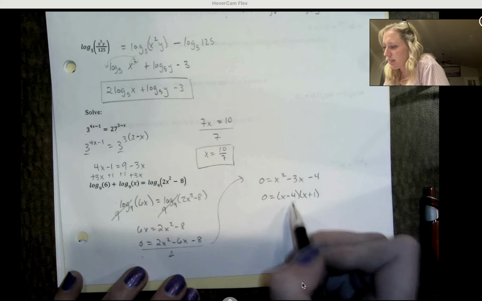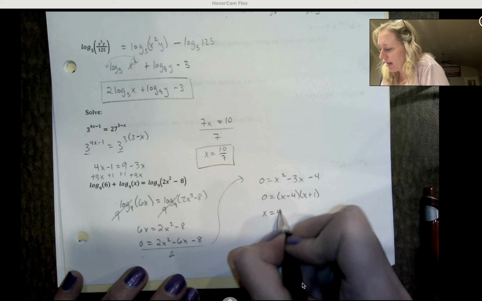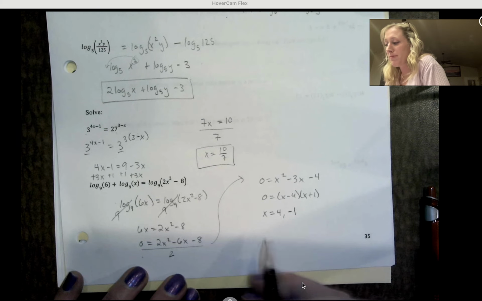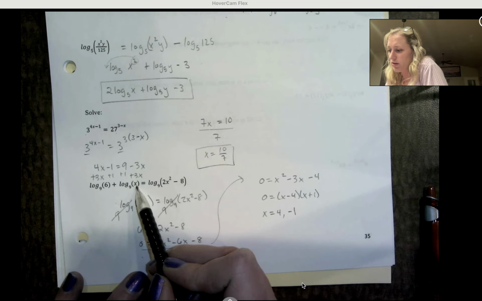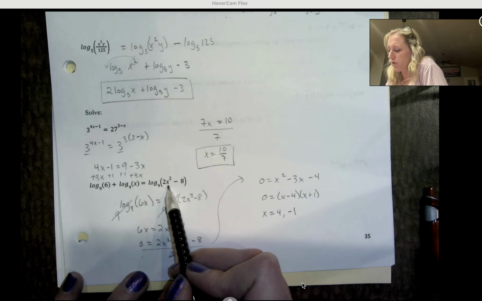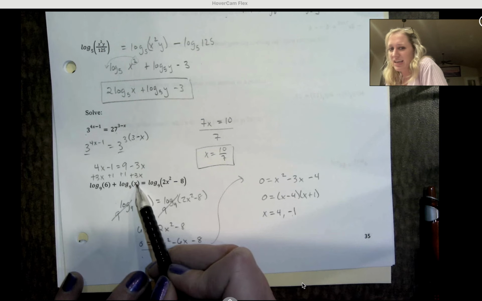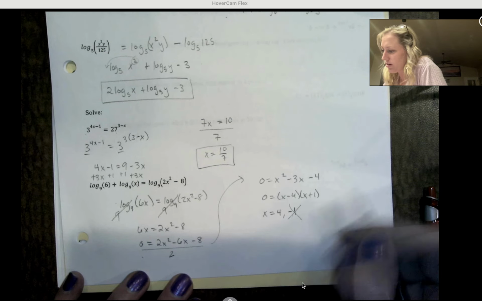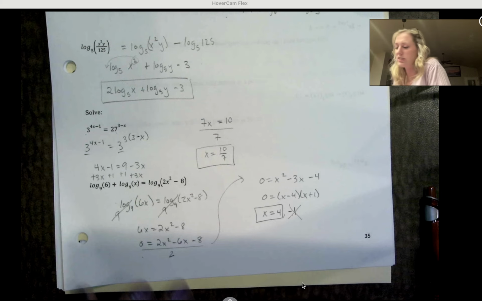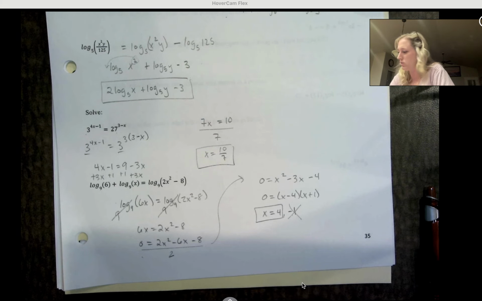Okay, and now I set each of those equal to 0. I would get x is 4 and x is negative 1. Remember to check for extraneous solutions. So if I plug in 4, that's positive there, we're good. If I plug in negative 1, I cannot take the log of a negative in that situation, so negative 1 is not a solution, it's extraneous, and x equals 4 is the only solution. Okay, that's it for review day 1.